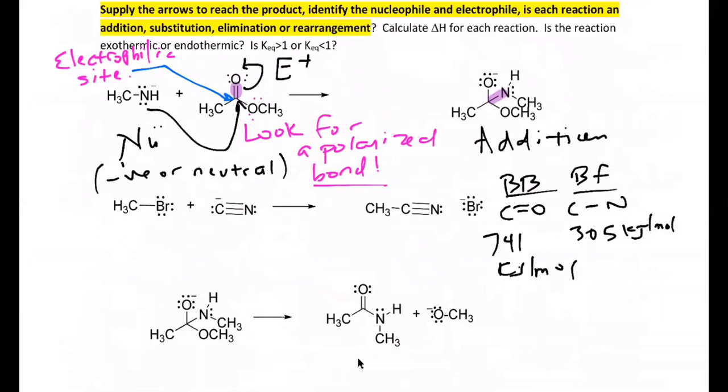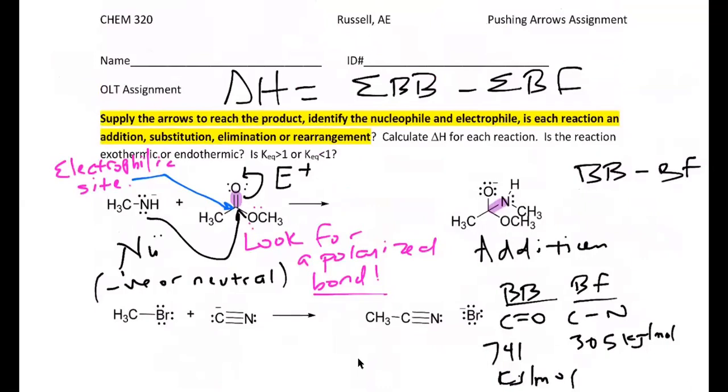We've shown the mechanism, and we know which bonds we broke and which bonds we made. Now it's just a matter of putting the numbers into this equation. I had up here the sum, because sometimes you might make or break more than one bond at a time.